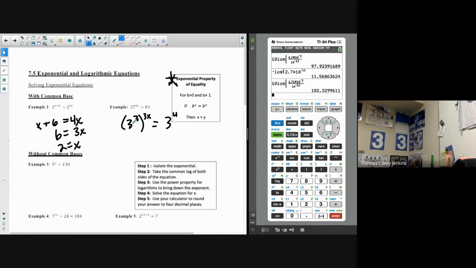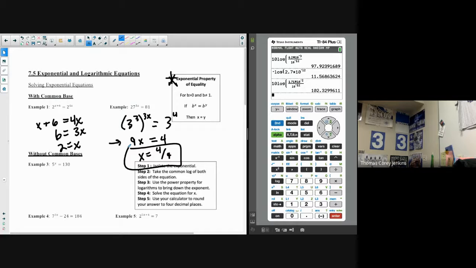Now that I have my common base of 3, I can set exponents equal to each other. My actual exponent on this side would be 9x. Think about your exponent properties. It's more straightforward on the other side, just 4. So we get x equals 4 over 9. Let's go ahead and check that.